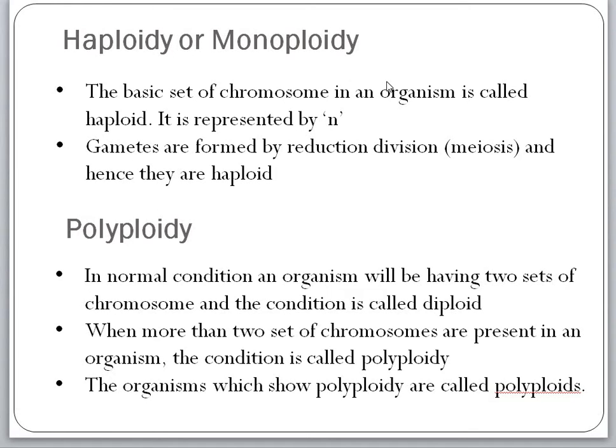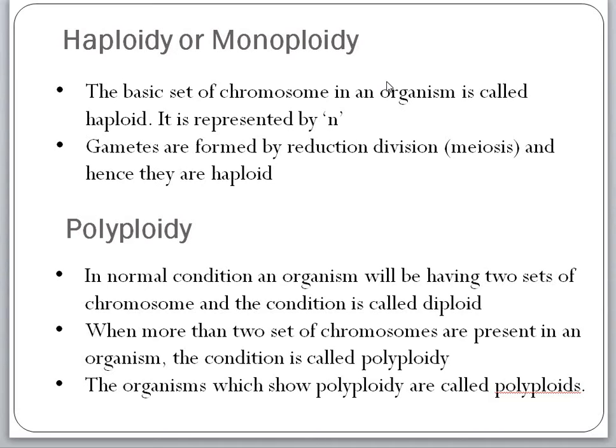Normally during gamete formation, a process called meiosis will happen, and as a result, the 2n condition will be reduced to n condition, and the gametes are having a haploid genome. This basic set of chromosomes is called haploid, and it is represented by n. In a normal somatic cell, the genome will be made up of two sets, and this condition is called diploid.